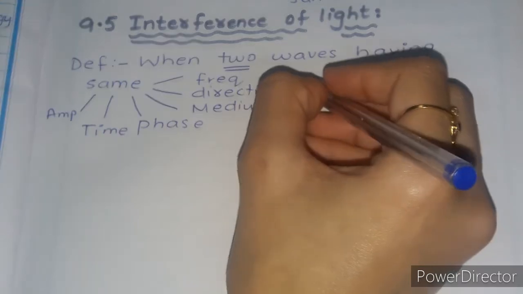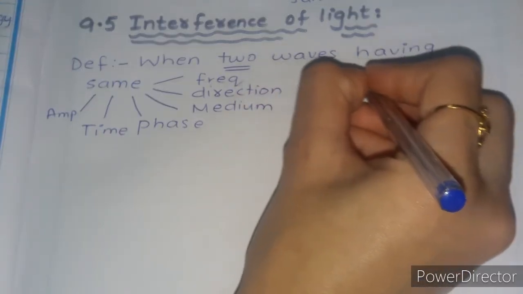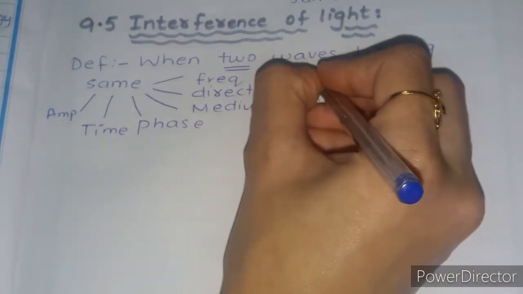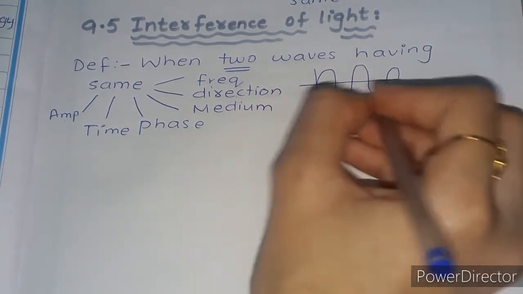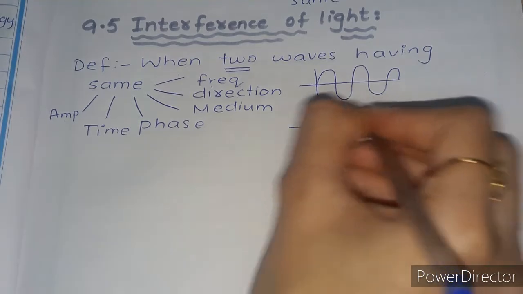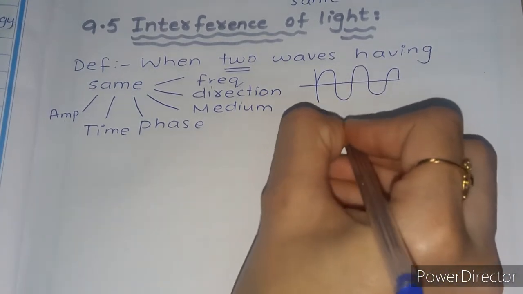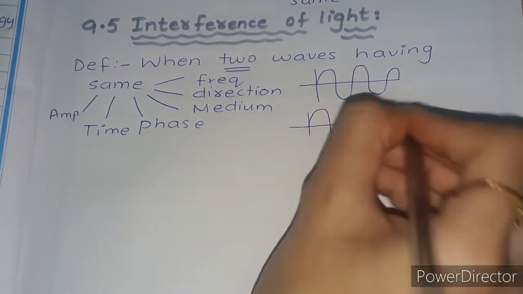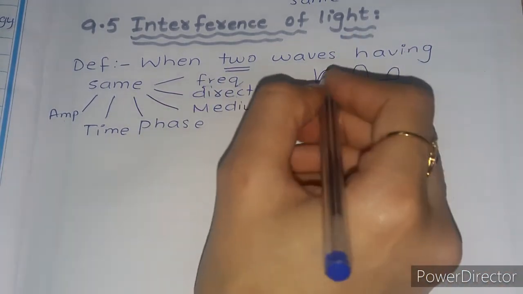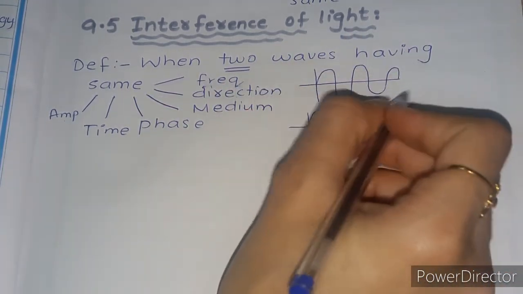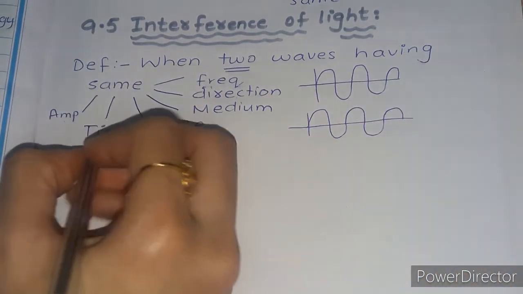If there are two waves like this, one wave is like this and another wave is like this, they have the same frequency, like they vibrate at the same time.